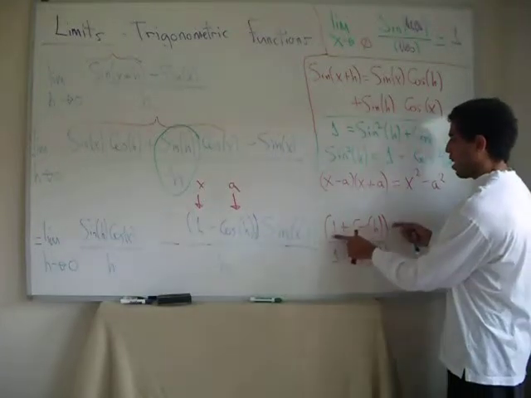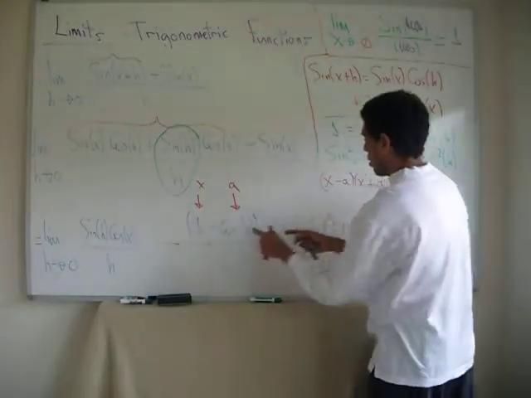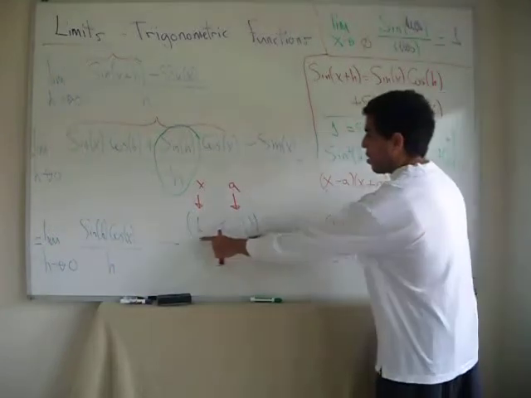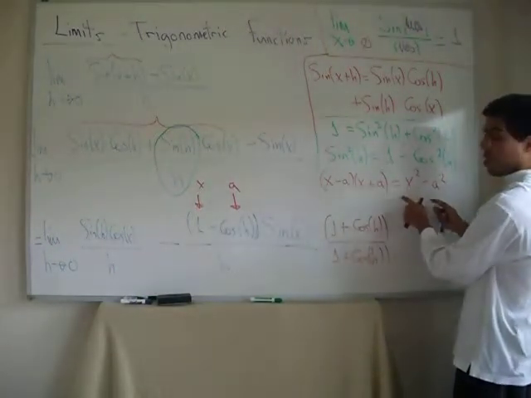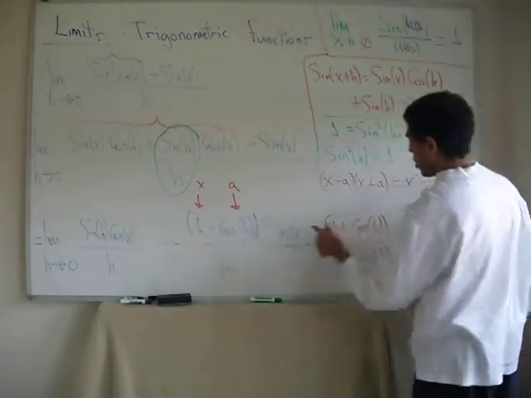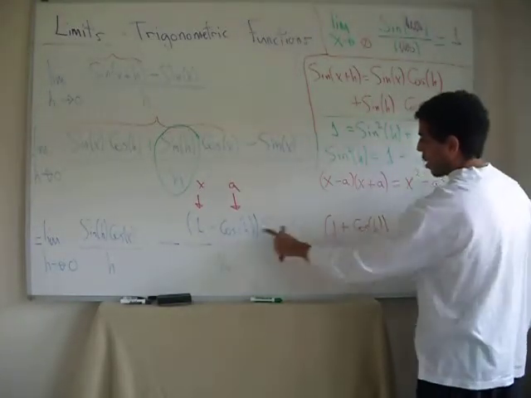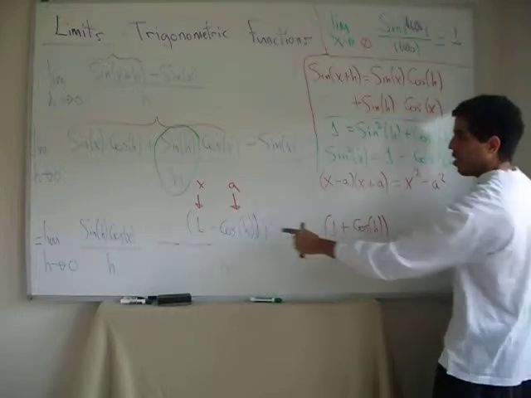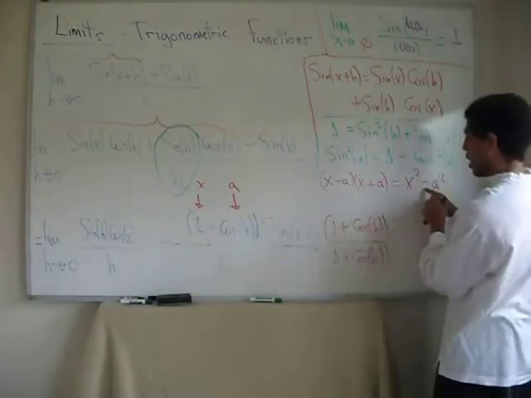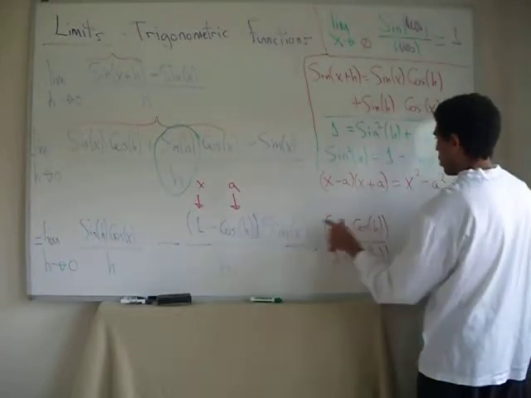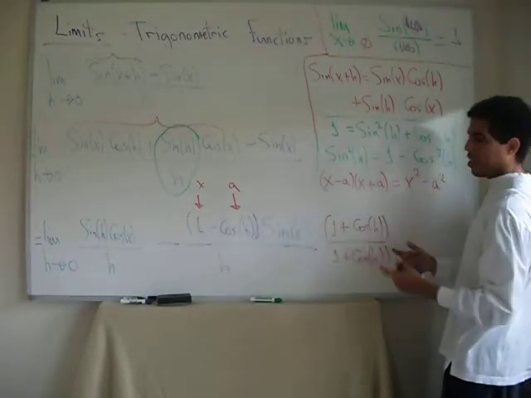So when I multiply this times this, again, this times this is equal to, say, this times this. So I'm going to square 1 minus cos square of h. Okay, again, 1 square minus cos square of h. Okay, and that's it.